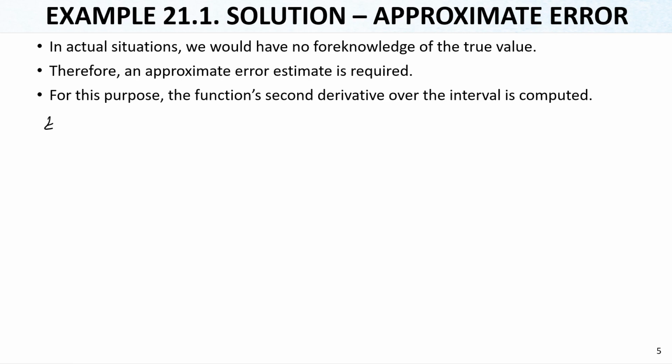Et is 1 divided by 12, the second derivative at xi or psi, times b minus a to the third order. So here, the second derivative, we don't know this because we don't know this psi value. So we need to approximate this over the interval. How can we do it? We can use the mean formulation.